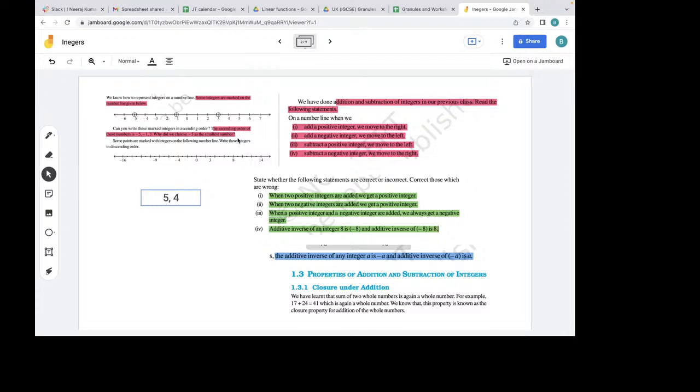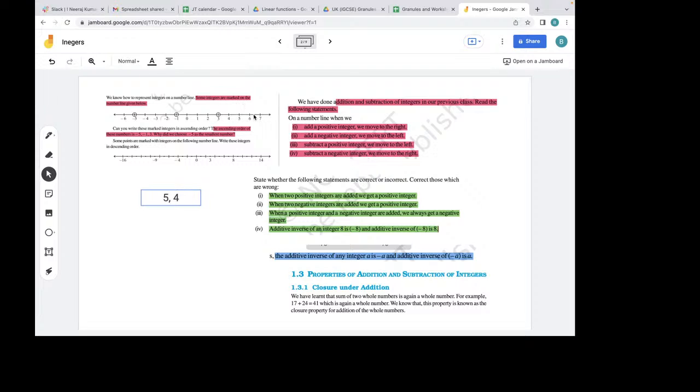Okay, let's figure that out. So we need to add 4 to 5. We know that when we add a positive integer, we always move to the right on the number line. So we have to take 4 jumps from 5 to figure out what will be the answer.